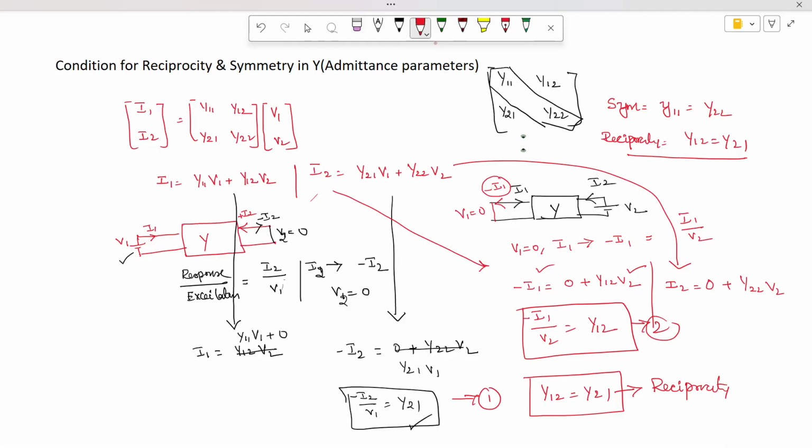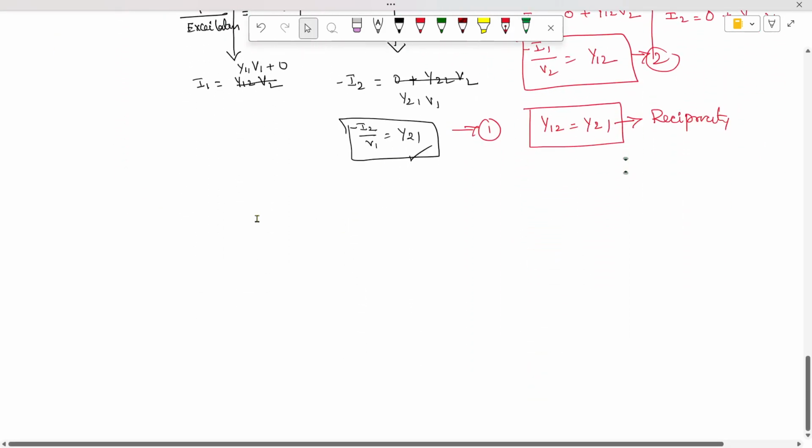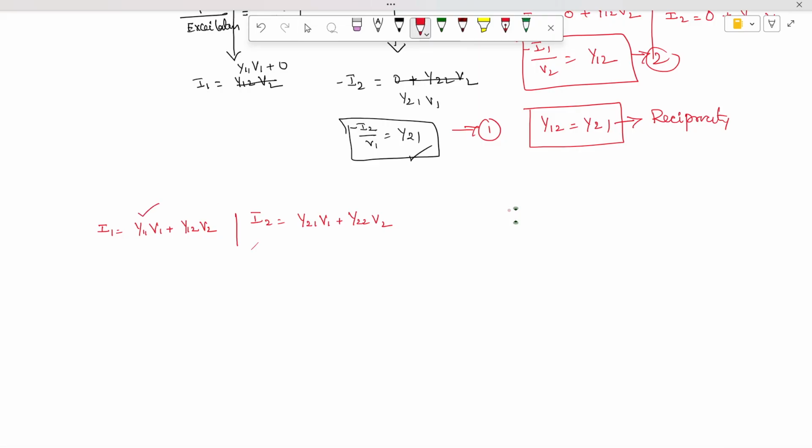Next, we need to find out the symmetry for y parameter model. So what are the standard equations we have? These two equations. In these two equations, what we require is the values of y11 and y22.